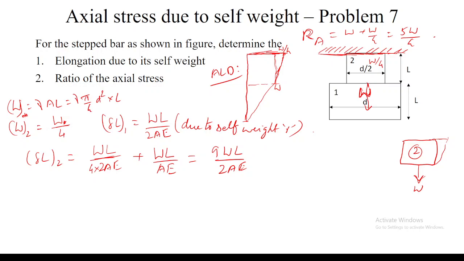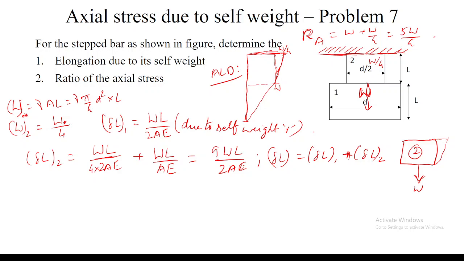So the total elongation will be the summation of delta L1 plus delta L2. Is it clear? Sir, actually it's getting confused.